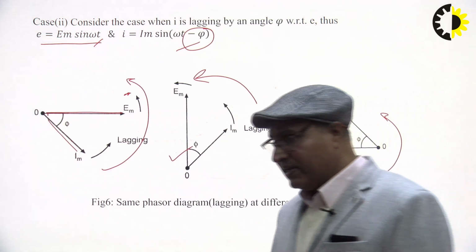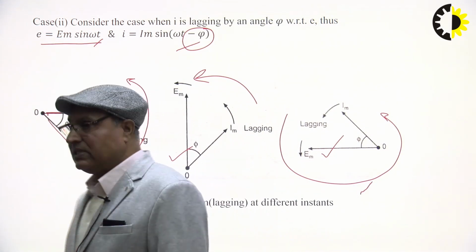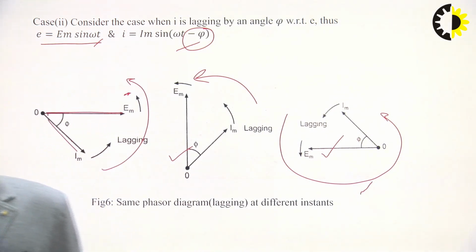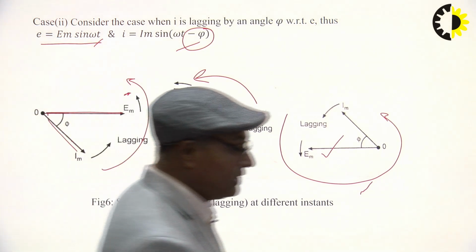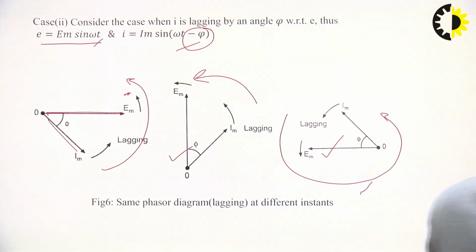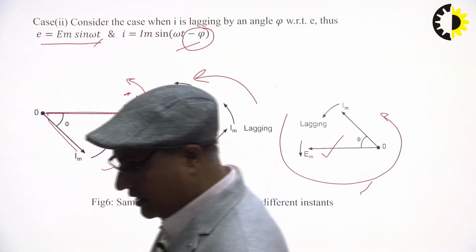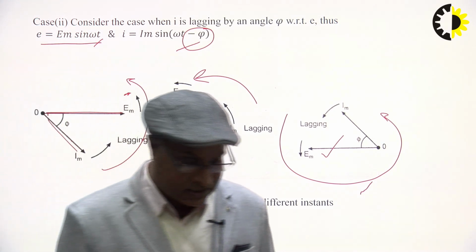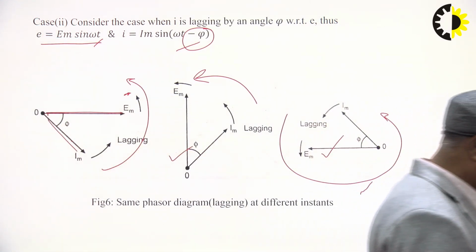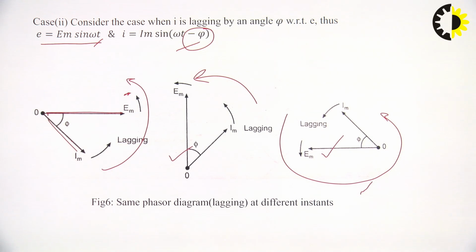This is very important: which quantity is lagging, which is leading with respect to other quantities. This is very important in numerical calculations in this second unit, analysis of AC circuits, and we will discuss their importance in numericals in further lectures. Okay, thank you.